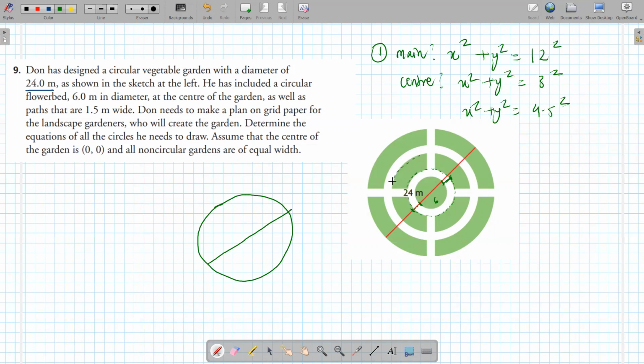What about this one? What's the diameter of this thing? Do we have that information? Do we know how wide this is?